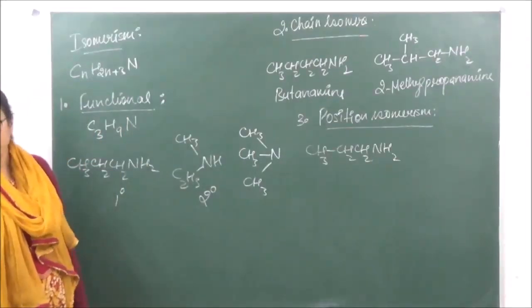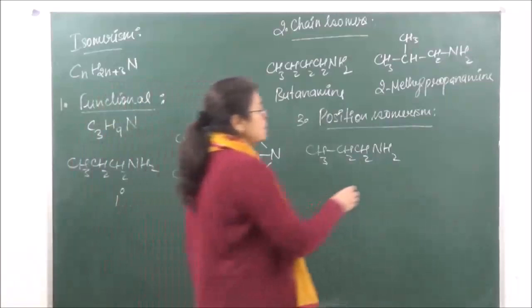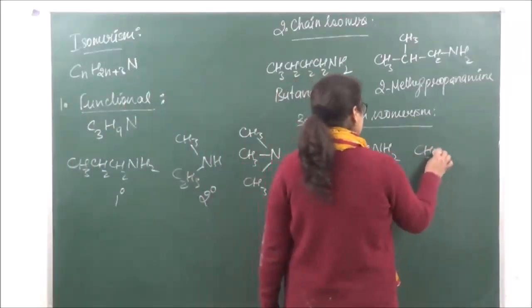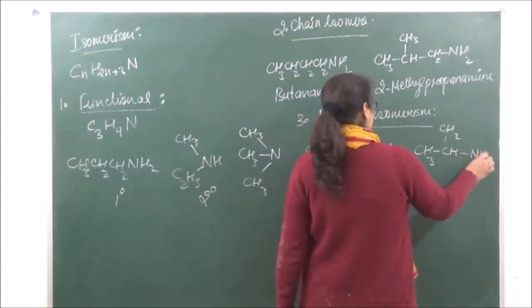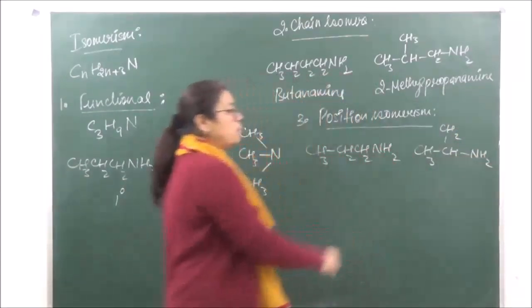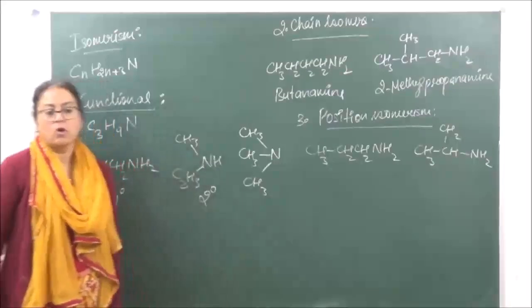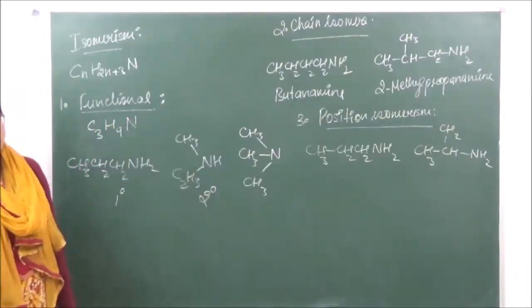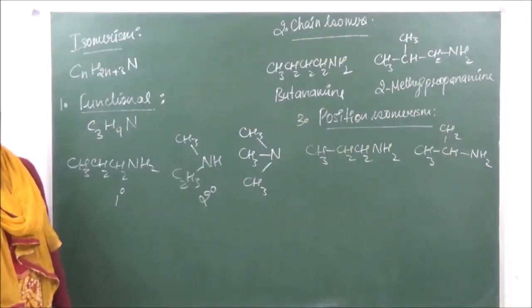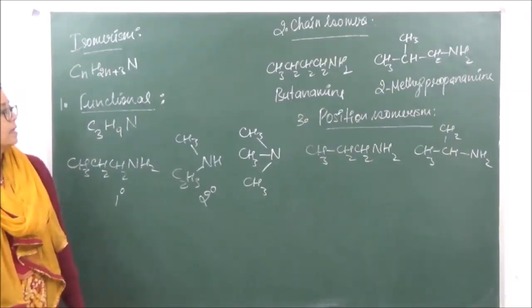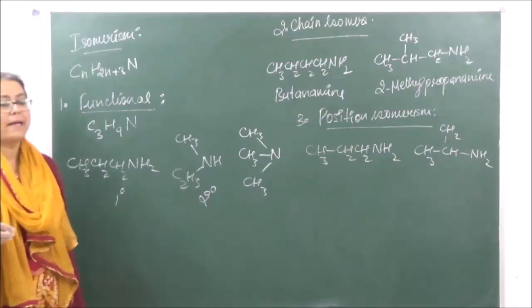But if there is a difference in the position, this is going to be propane-2-amine or 2-propanamine, okay? So this is the isomerism because of difference in the position of the amino group.